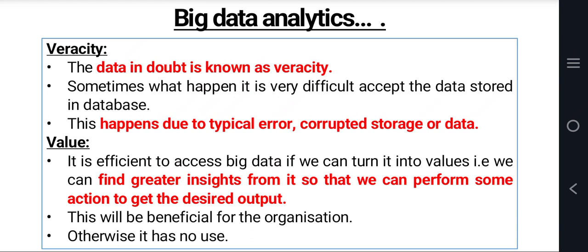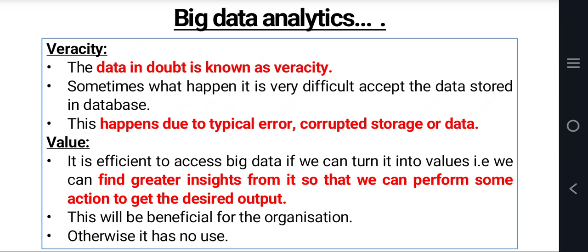Fifth V is value. It is efficient to access big data, which provides greater insights if we can perform some action to get the desired output. If it provides the desired output, it will be very beneficial for the organization.